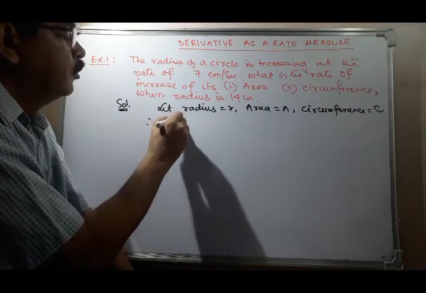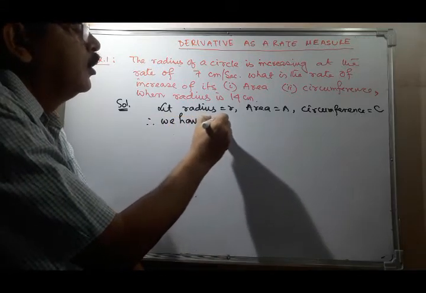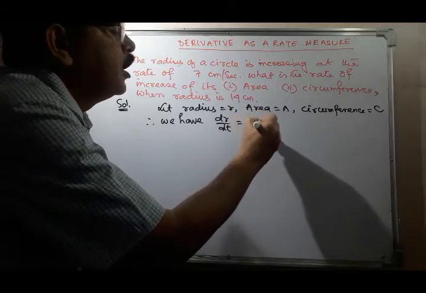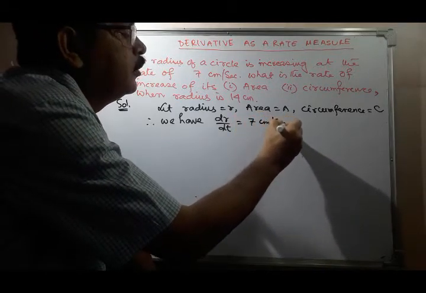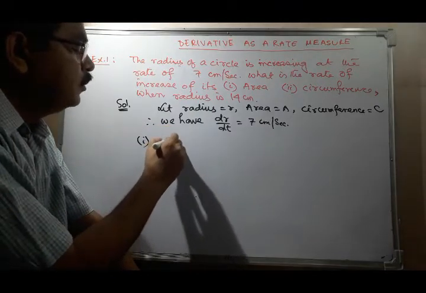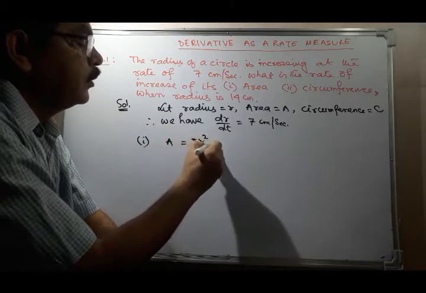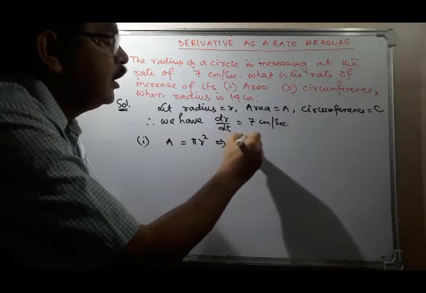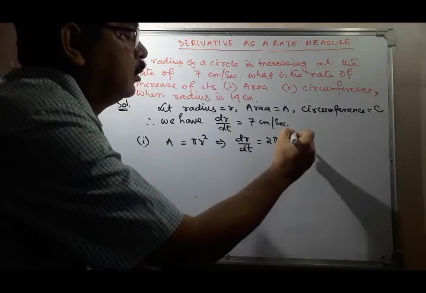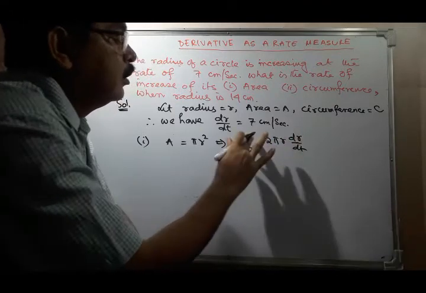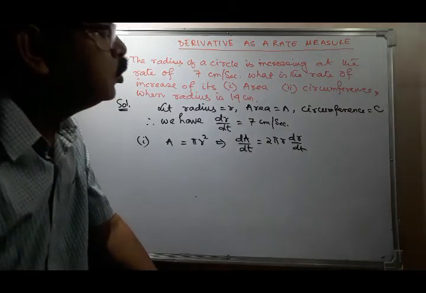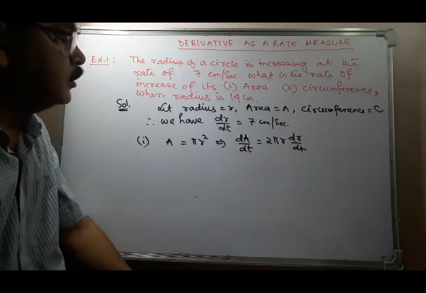Therefore, we have dr by dt equal to, given, 7 cm per second. Part 1. Area of the circle equal to pi r square. This implies dA by dt equal to 2 pi r dr by dt.